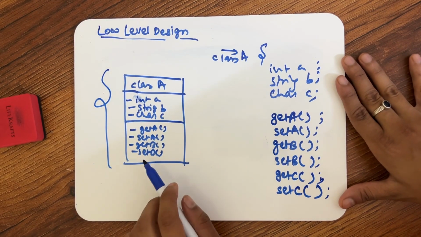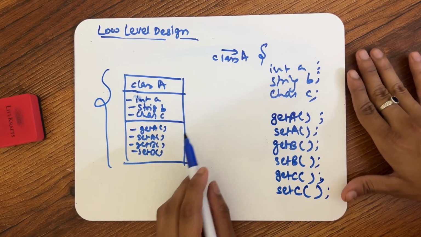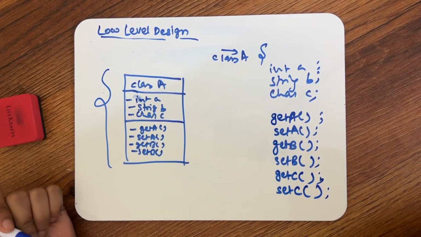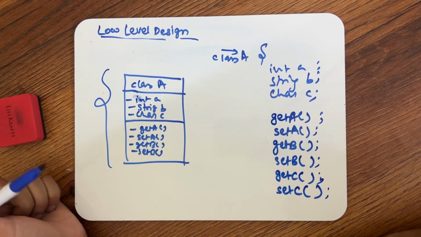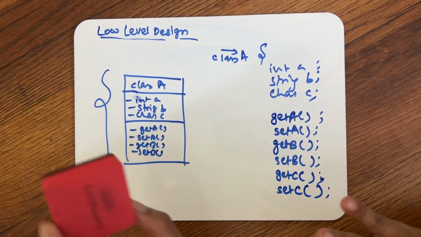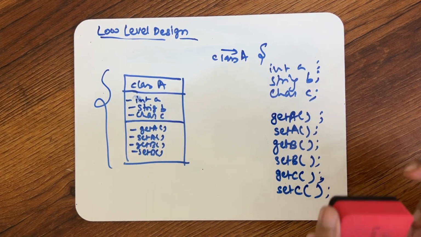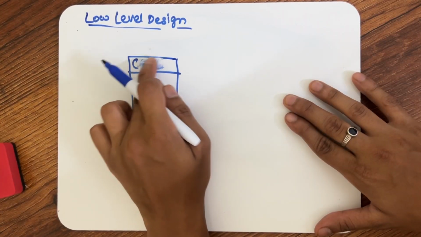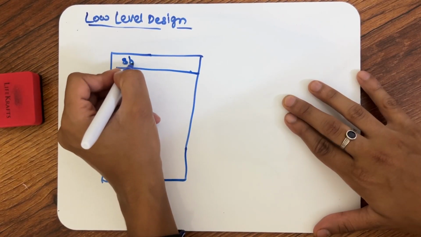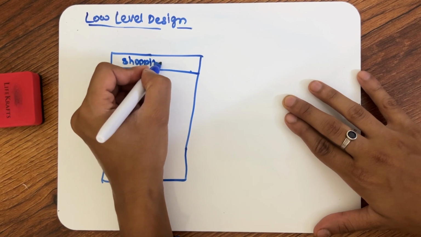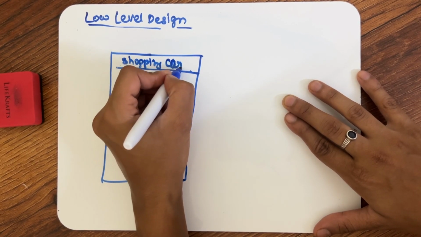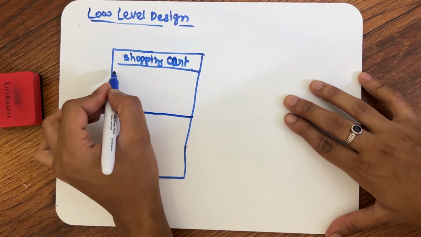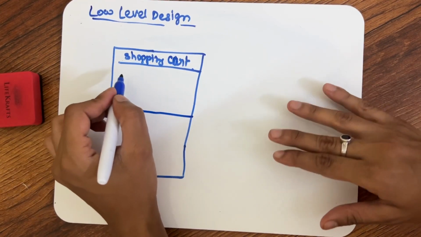This is also not appropriate, because I have just written some methods which are not even appropriate and which don't have any attributes. So now let me write a detailed class diagram for a detailed class. Suppose we have a class ShoppingCart. What items can be here?